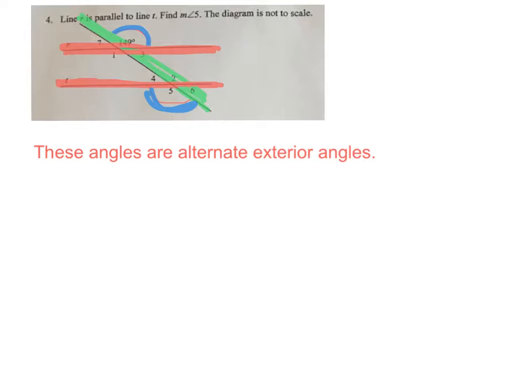So therefore, angle 5 is 149 degrees. I just want to make sure there. Angle 5 is 149 degrees.